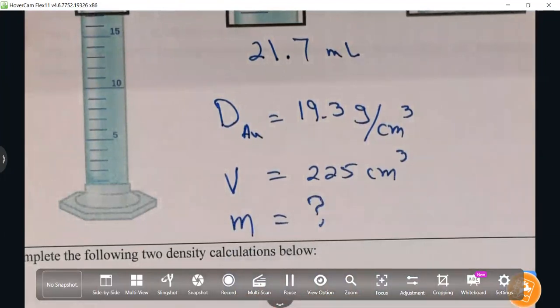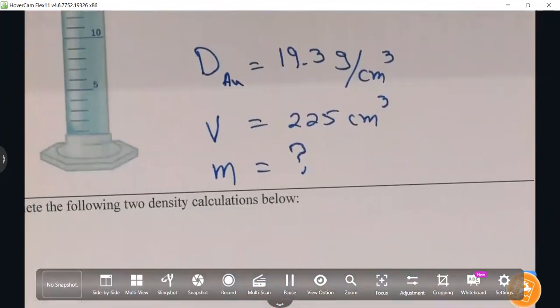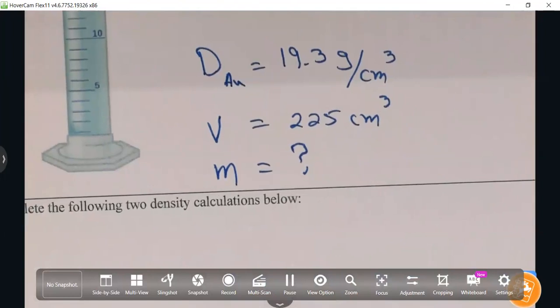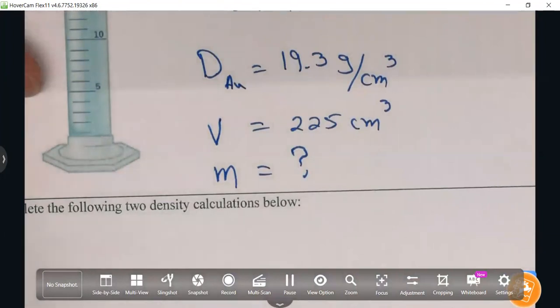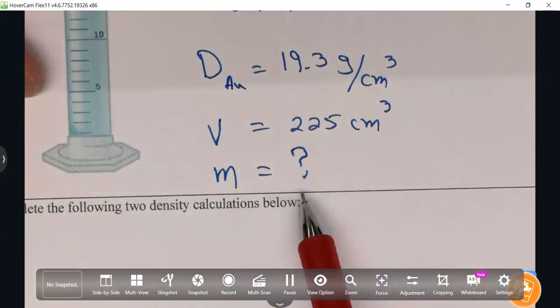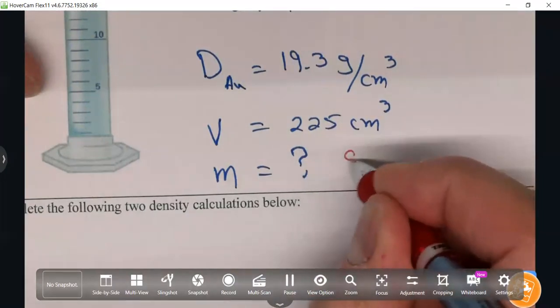We're looking for a mass. I don't want you to memorize any formula at all. If you are looking for a mass, what unit are you looking for? Grams.